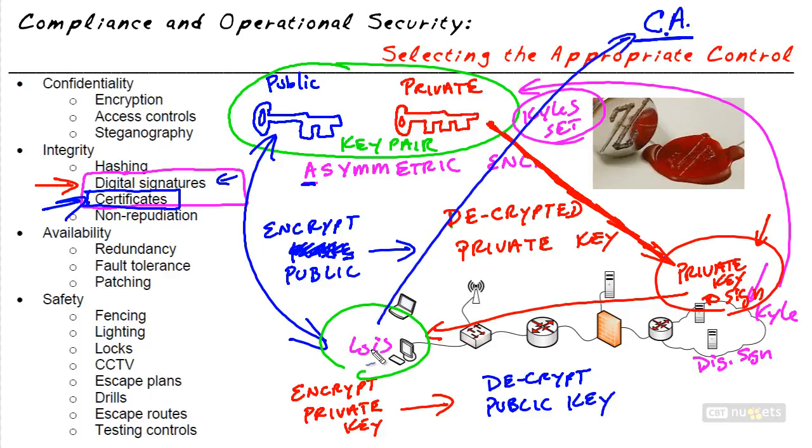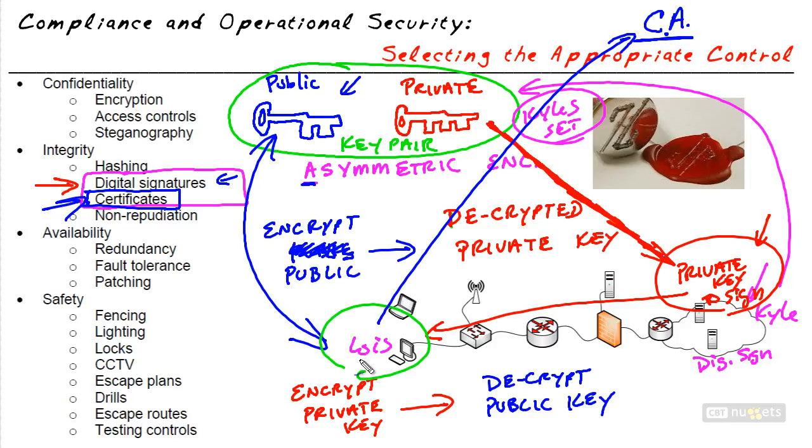Now, one of the ways that Lois can get this public key of Kyle's is she can request a copy of Kyle's digital certificate, which has Kyle's public key. And the reason they call it a public key is because that's the key that we are okay with sharing with the public. Kyle's private key he never shares with anyone, but the public key is part of a digital certificate, and that digital certificate can be shared with virtually anybody.